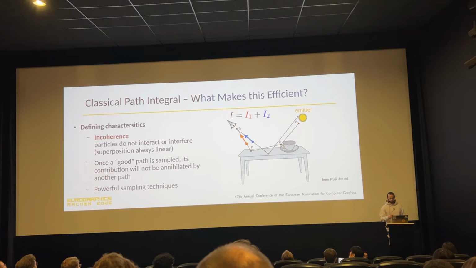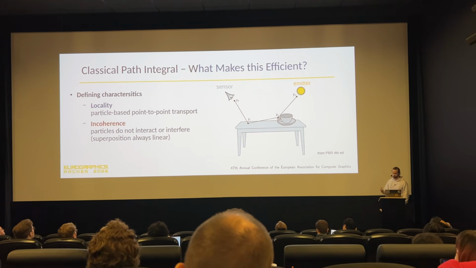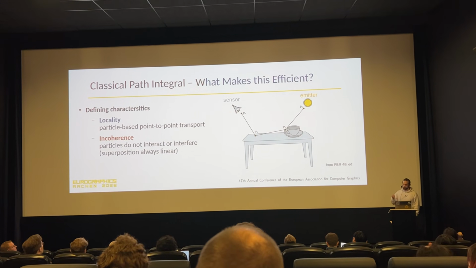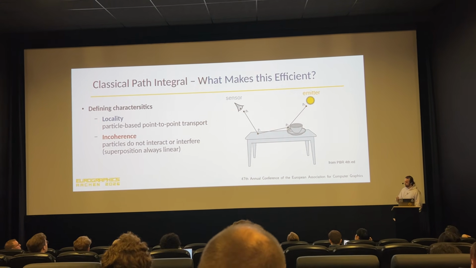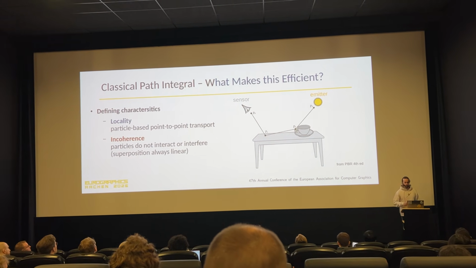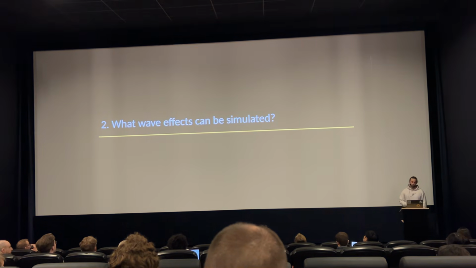A lot of the powerful sampling techniques in computer graphics implicitly assume incoherence for their effectiveness. And I would argue that these together are the two properties that define the classical path integral and path tracing, and are what enables the derived methods to scale to the complex scenes that we want to simulate.